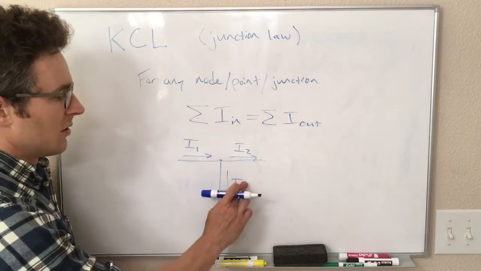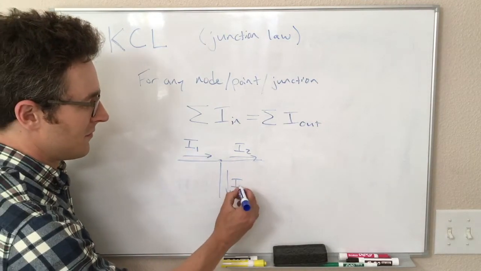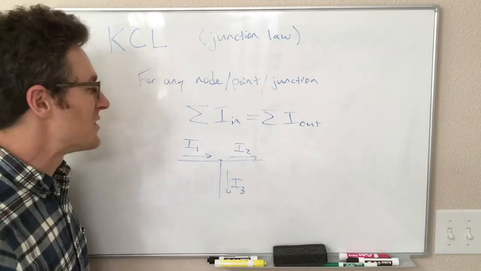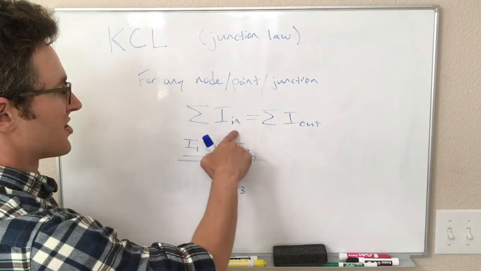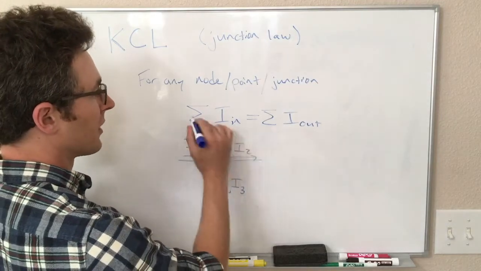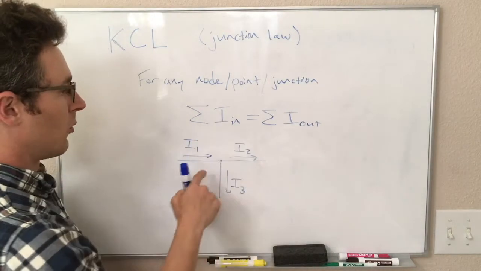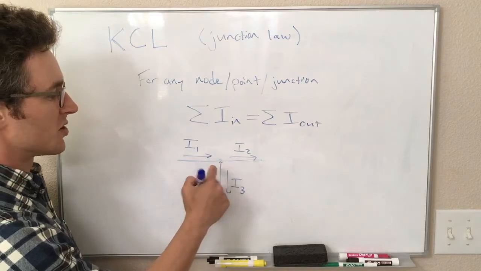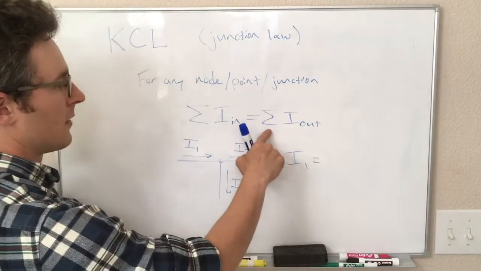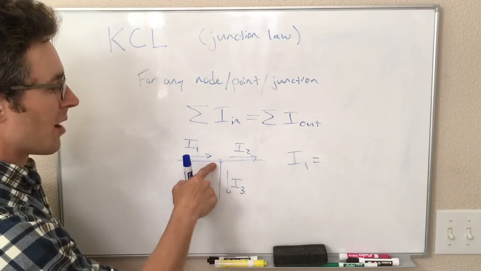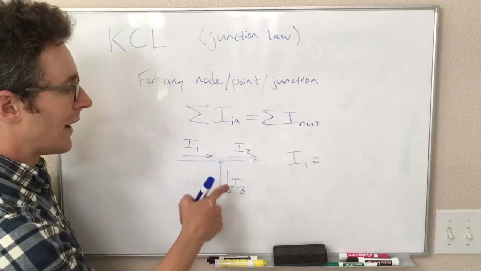So in a situation where we have currents going in directions like this, plugging into our equation, the sum of the currents in: we only have one current going into this point, that is I1, and that is equal to the sum of the currents going out of that point, which is I2 and I3, right?